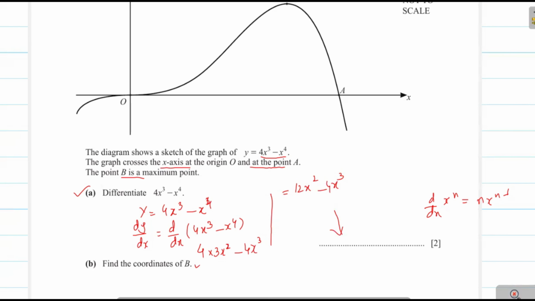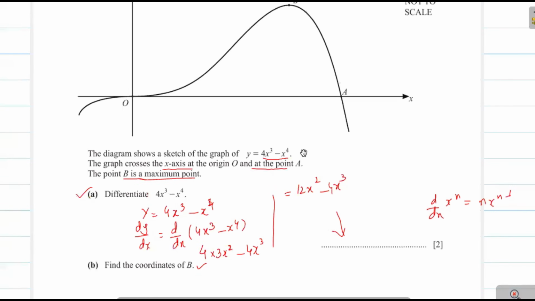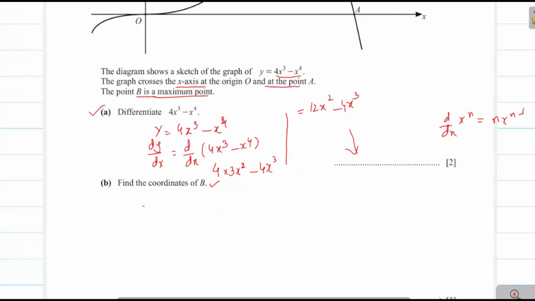Next, find the coordinate of B. You see here the point B is the maximum point of this graph. At the maximum point dy over dx equal to 0. Therefore, we write here 12x square minus 4x cube equal to 0. Now 4x square is taken as a common.